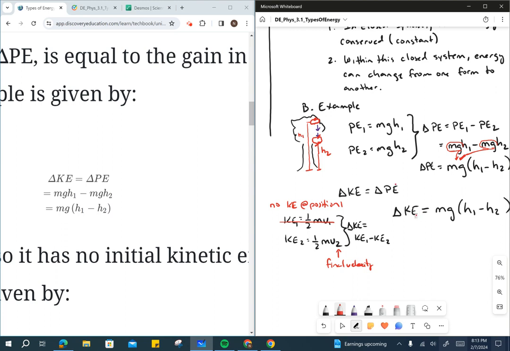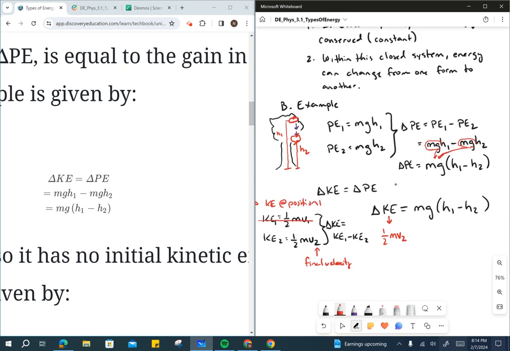So really we can say the change in kinetic energy is 1/2 times the mass times the velocity at height number 2, which is equal to the mass times the gravity times the height 1 minus h2.